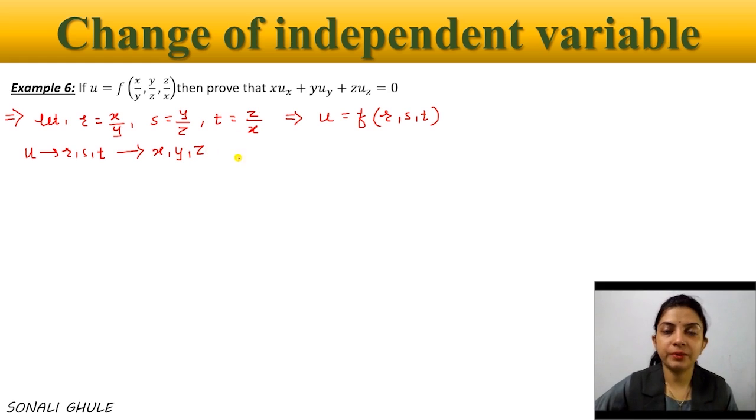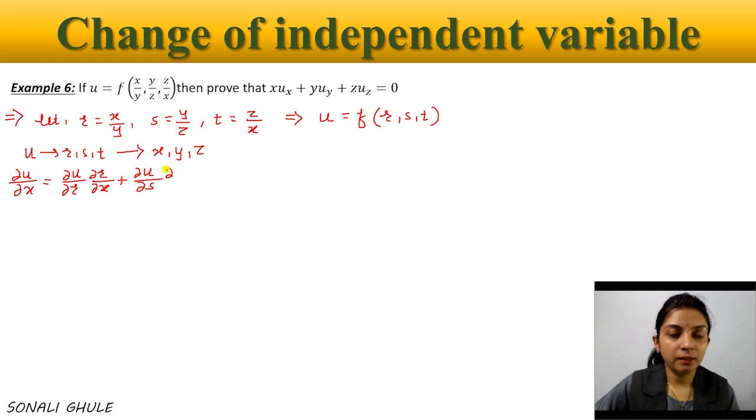So here I can write a chain rule. ∂u/∂x is equal to ∂u/∂r times ∂r/∂x, plus ∂u/∂s times ∂s/∂x, plus ∂u/∂t times ∂t/∂x. So this is how we can find by using a chain rule the derivative of u with respect to x.